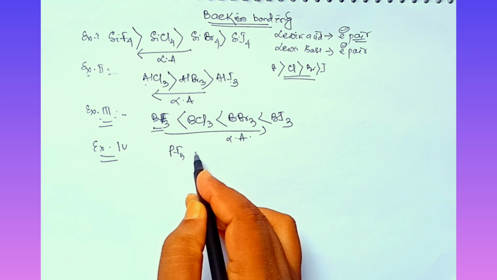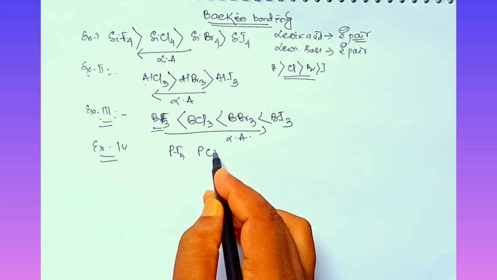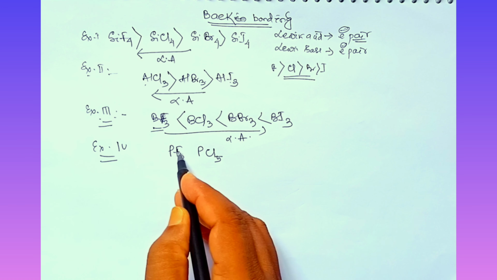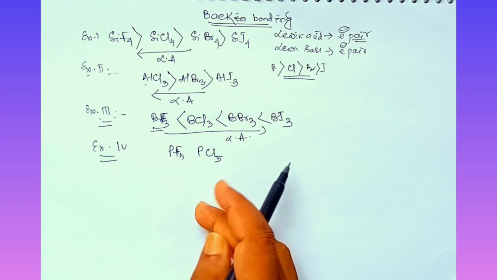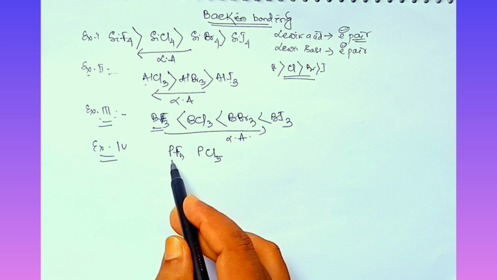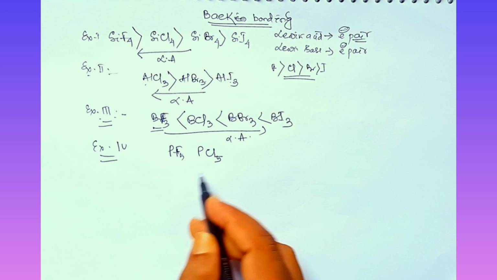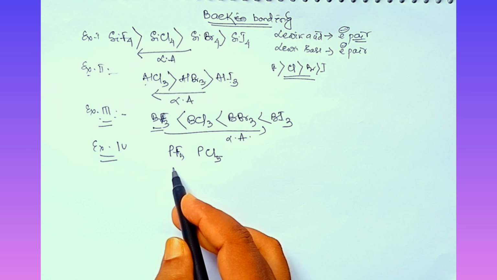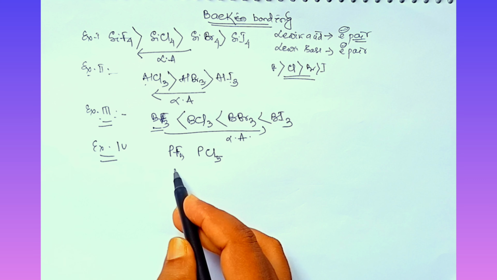PF5 and PCl5. Are you getting my points? So one thing, you consider it properly. Is there any back bonding between PF5 and PCl5? No, because here phosphorus belongs to the third period, so there is no effective back bonding.